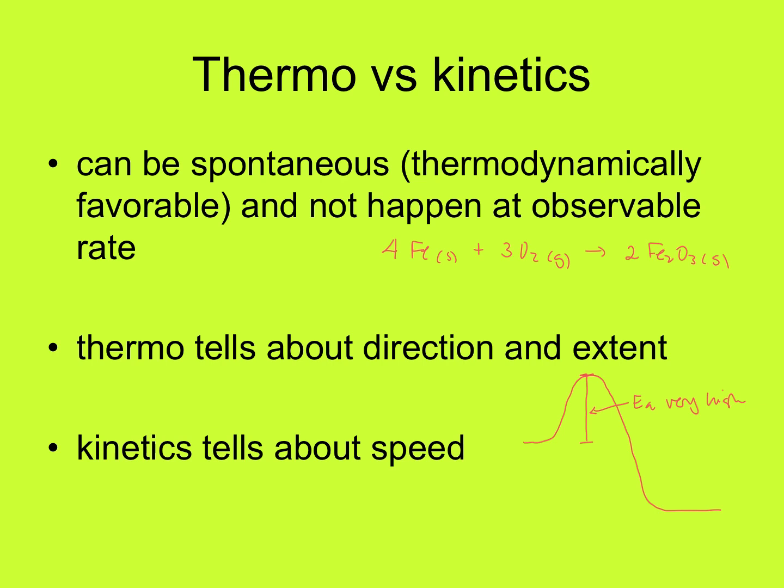It's still going to happen, but it's going to happen very slowly. And when we say it's going to happen, that means it's thermodynamically favorable. So again, make sure you understand the distinction between thermodynamics versus kinetics.